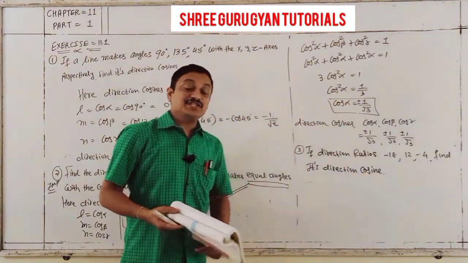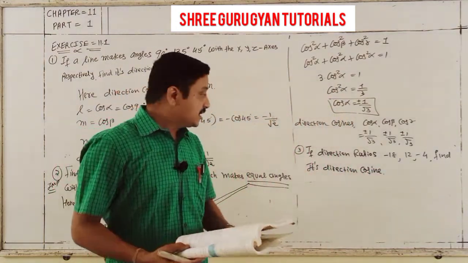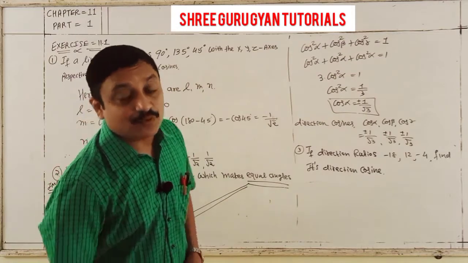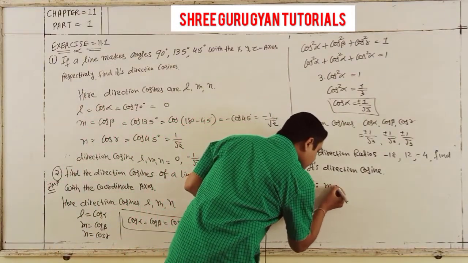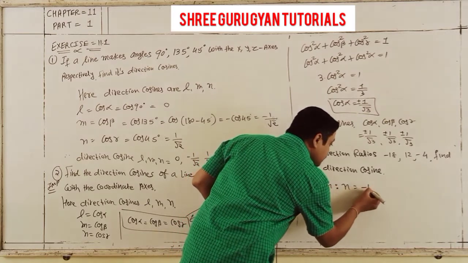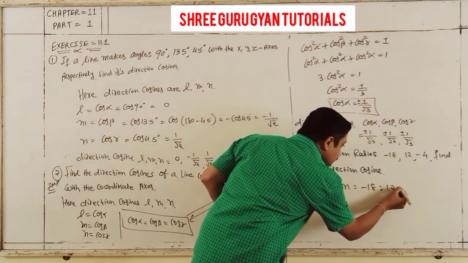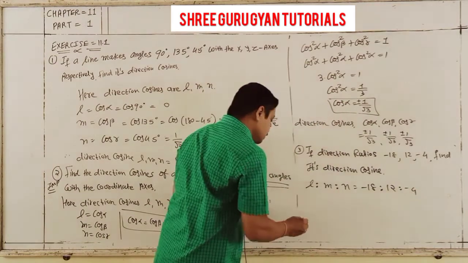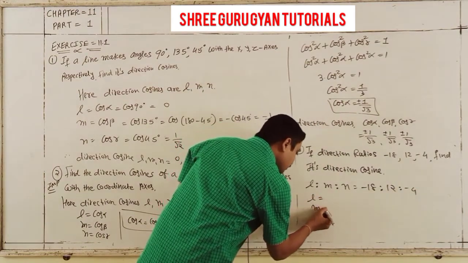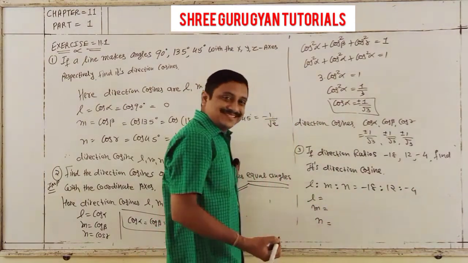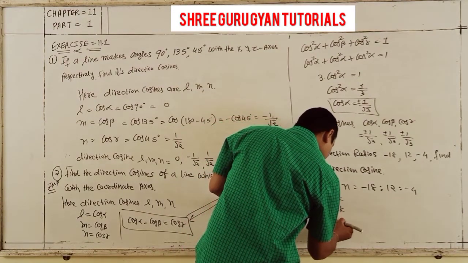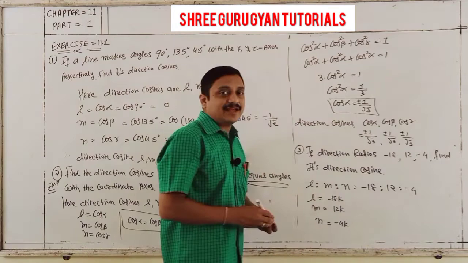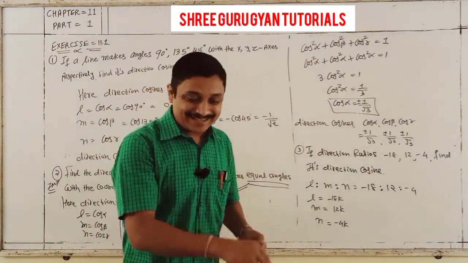Very easy. Ratios given L, M, N are minus 18, 12 and minus 4. So your direction ratios are minus 18, 12 and minus 4. Students, here L, M, N I derive individually as minus 18k, 12k and minus 4k, and the sum of squares is 1.